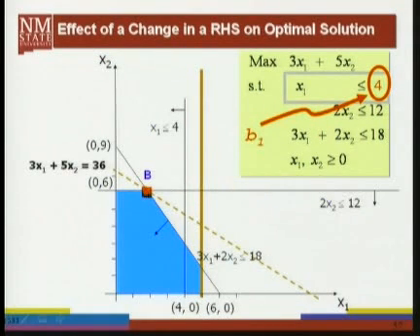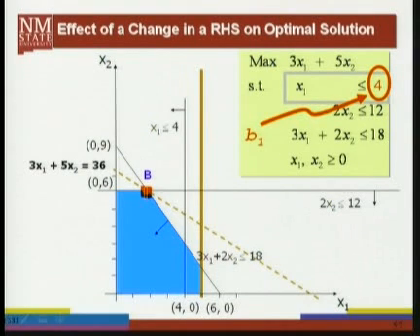Our optimal solution is still in the feasible region, right? So we still have the same optimal solution at point B, where the plant number 2 and number 3 constraints are binding. Is that right?